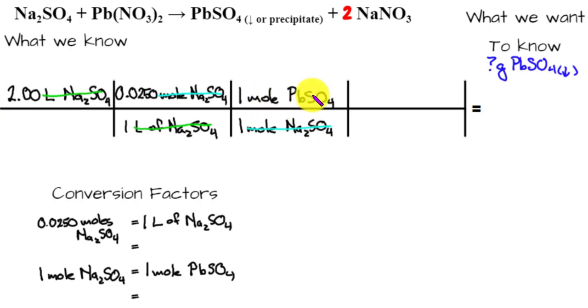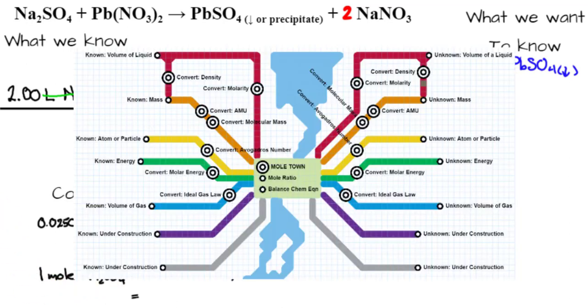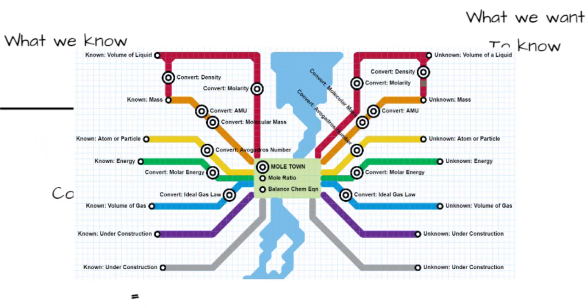All right. Here's the thing. I want grams. I want grams. So I'm in my Moletown ratio, and I want grams. So I'm going to take this orange line here. It is not an element, so I can't convert with atomic mass units, but I can convert with my molecular mass.